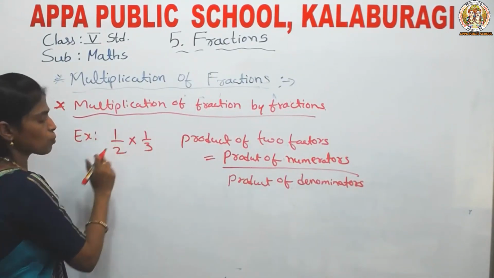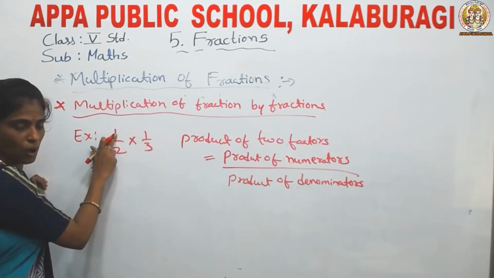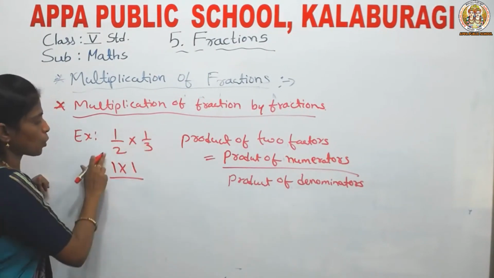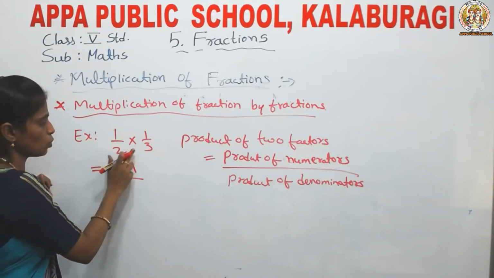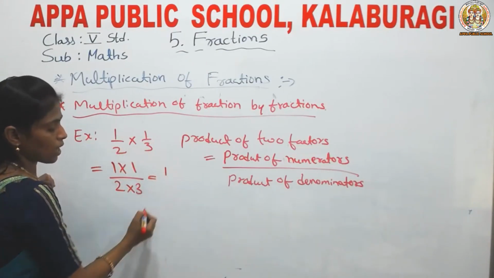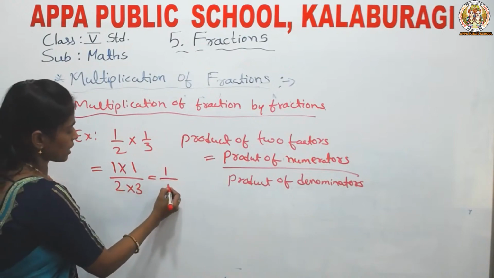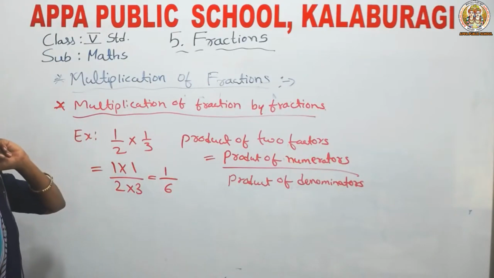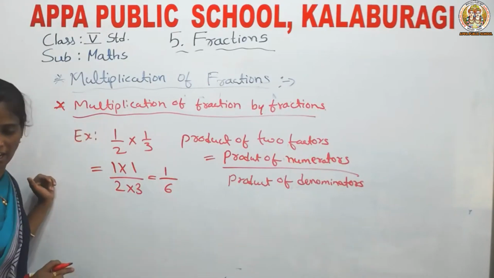How? Product of numerators means 1 and here also 1, so 1 into 1. Product of denominators means 2 into 3. 1 into 1 is 1, and 2 into 3 is 6. This is multiplication of a fraction by a fraction.